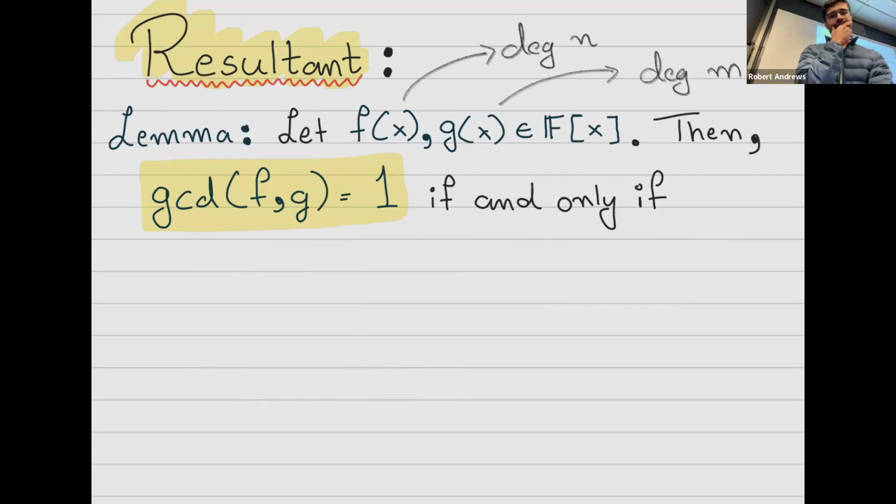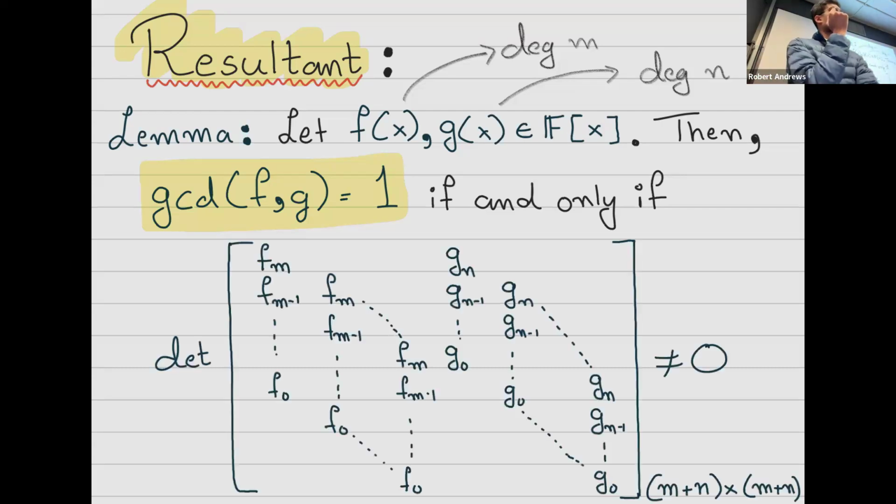Given two polynomials f and g, the GCD being 1 is equivalent to saying that we have some Bezout coefficients a and b such that af plus bg is 1. Solving for a and b results in a linear system that looks like this. So the GCD of f and g is 1 if and only if the determinant of this matrix is non-zero.